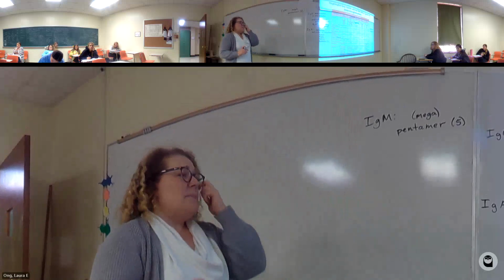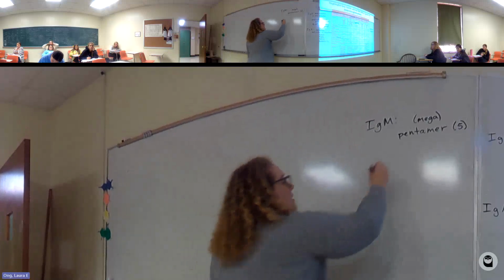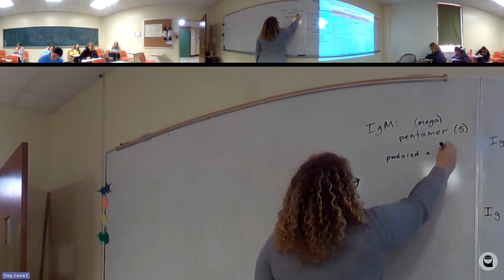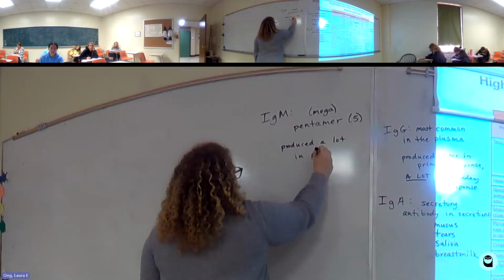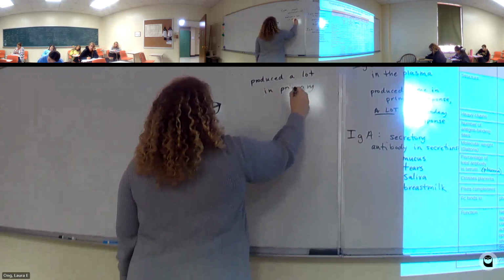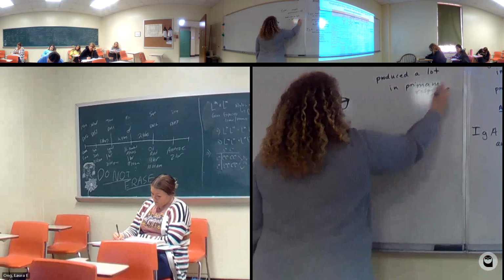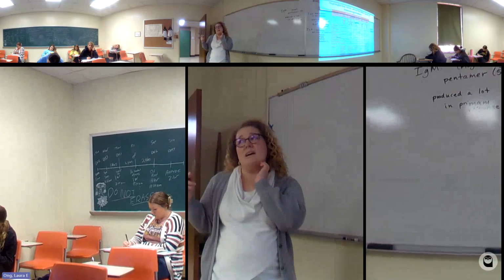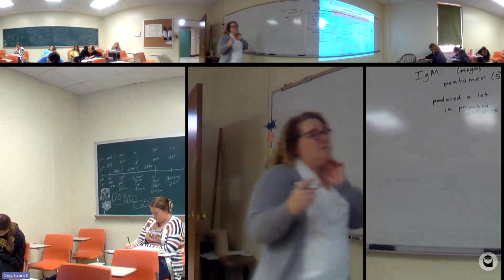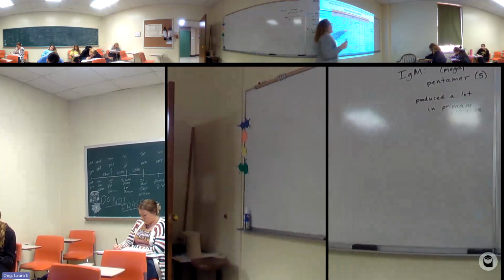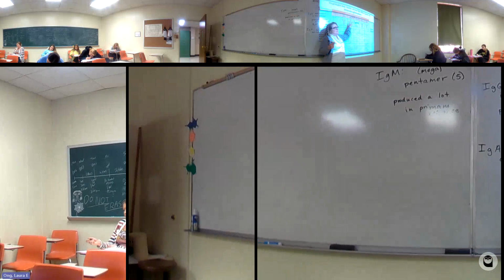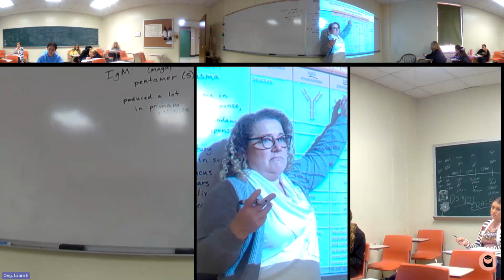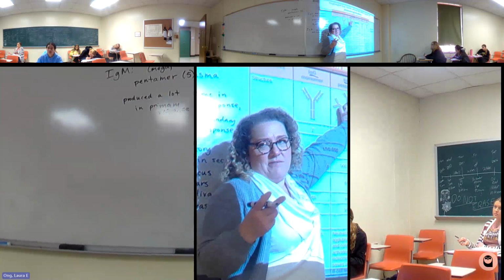And IgM is produced a lot in the primary response. So when we first start making antibodies for the first time, we tend to put a lot of energy into making this type because they become really powerful, where they've got 10 binding sites because there's 5 together.